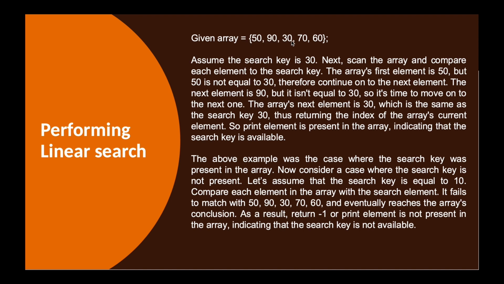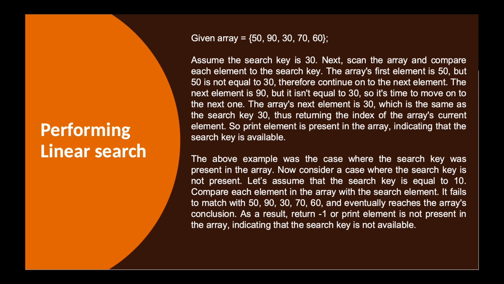When we arrive at the same 30, our search is complete. We have found the element we are looking for. Therefore, we want the system to print the location of the 30, and I always say that the index gives us the location of an element in an array.